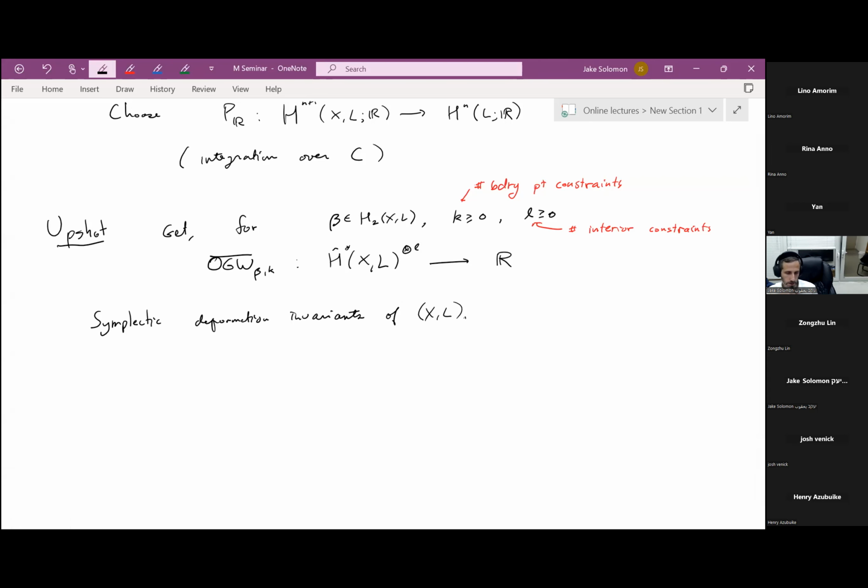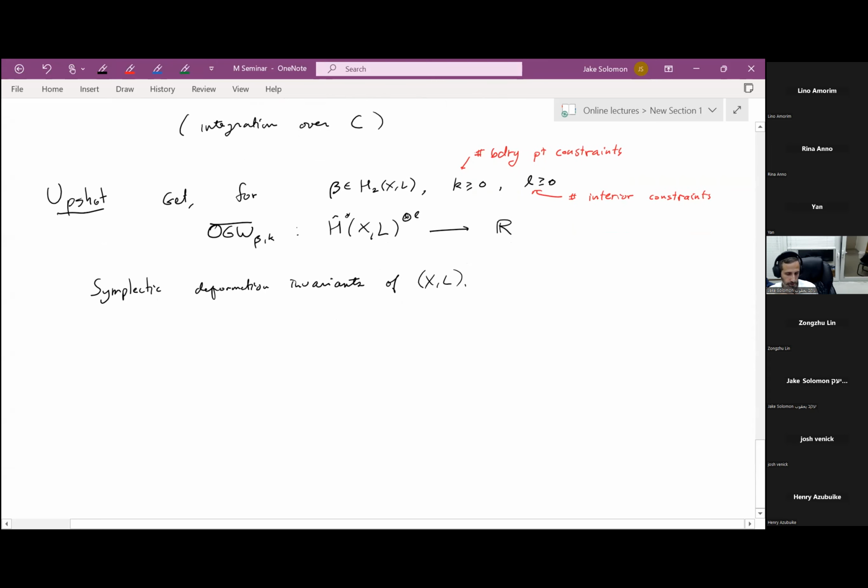So the situation is not bad. A typical example is you take X to be the C-points of a projective algebraic variety.